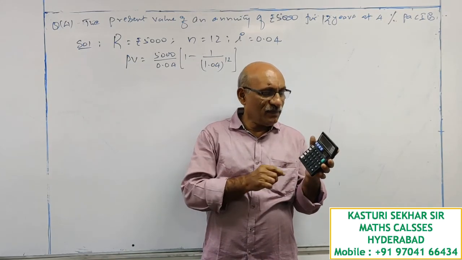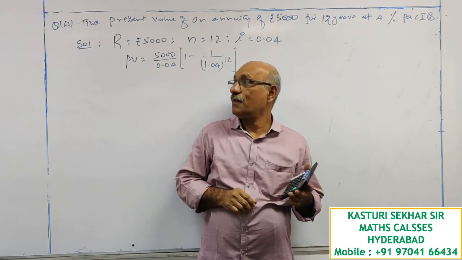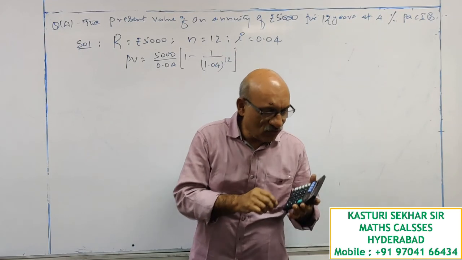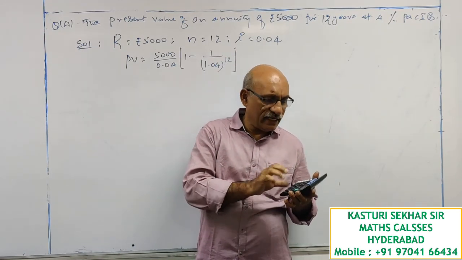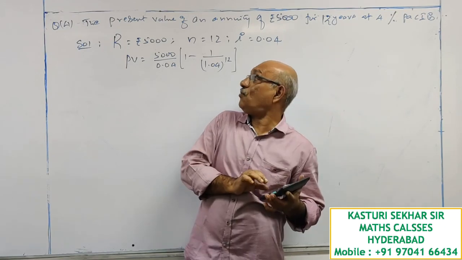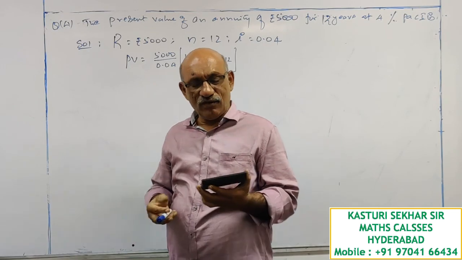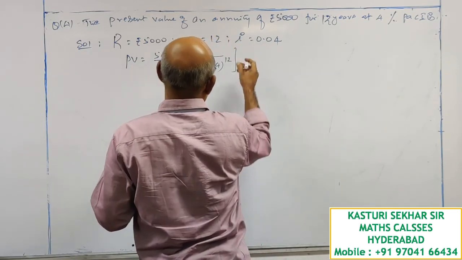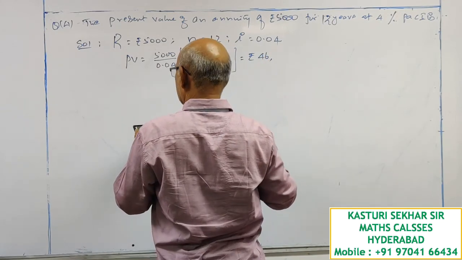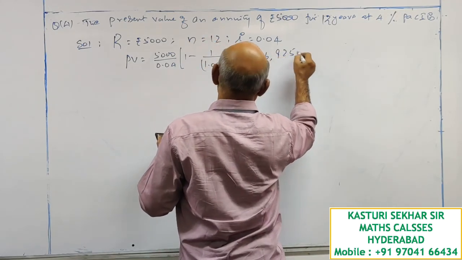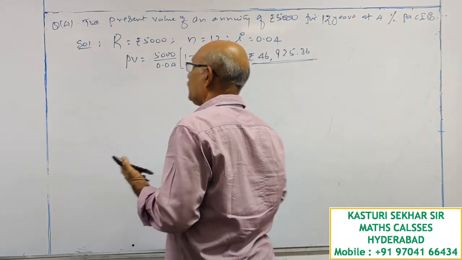Eliminate the minus sign by pressing the plus or minus button, and multiply with 5,000. Whatever answer you get, divide by 0.04. It is rupees 46,925.36. This is the present value.